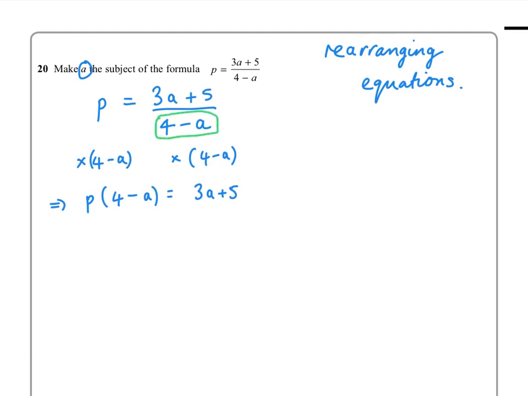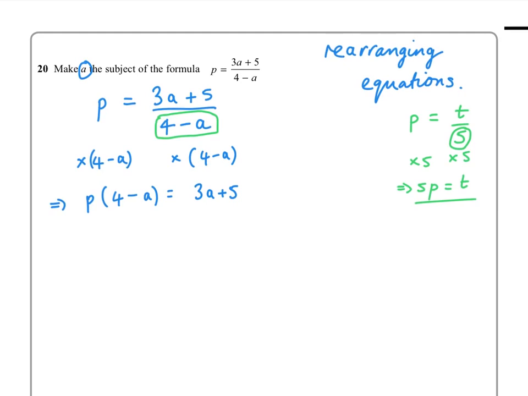And if you had a simple case where, say, p was equal to t over 5, then you would times both sides by 5 to make this denominator disappear from the right hand side, and you'd be left with 5p equals t, for example. So we're doing the same thing here.